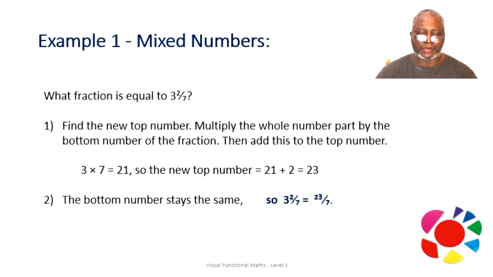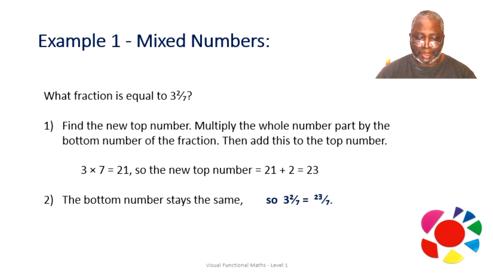Let's look at example 1, mixed numbers. What fraction is equal to 3 2/7? Find the new top number. Multiply the whole number part by the bottom number of the fraction. Then add this to the top. And this is how we do it. 3 times 7 equals 21.